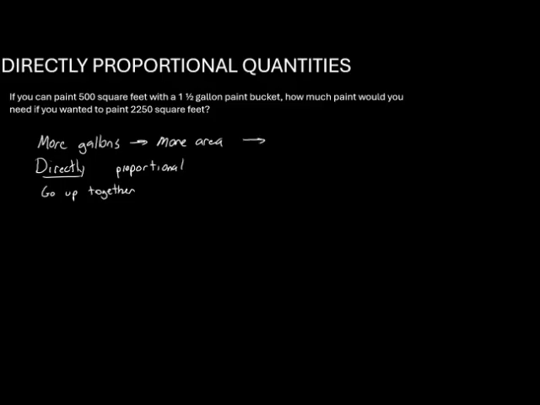Because they're directly proportional, we can write ratios for them. We're told that if we want to paint 500 square feet, we'll need 1.5 gallons. I'm using SQFT to represent square feet here, and then I'm going to draw a colon, and then write 1.5 gallons. But then we see the words, how much paint.